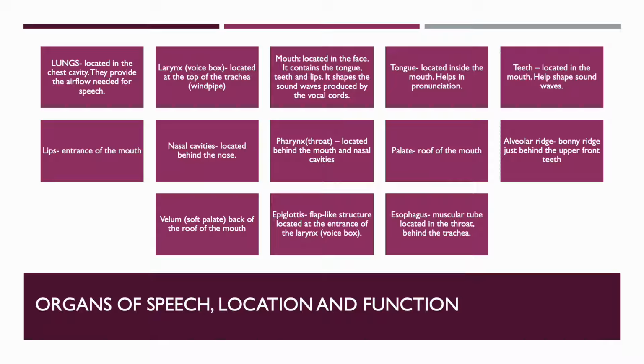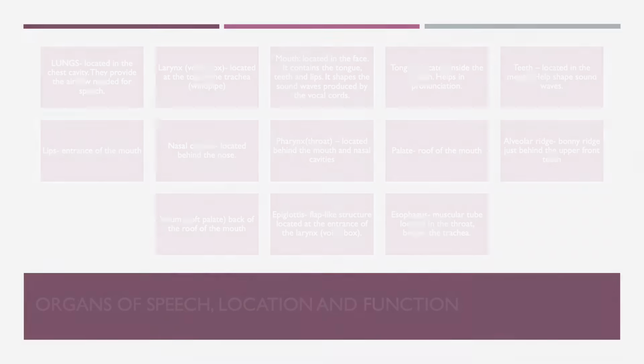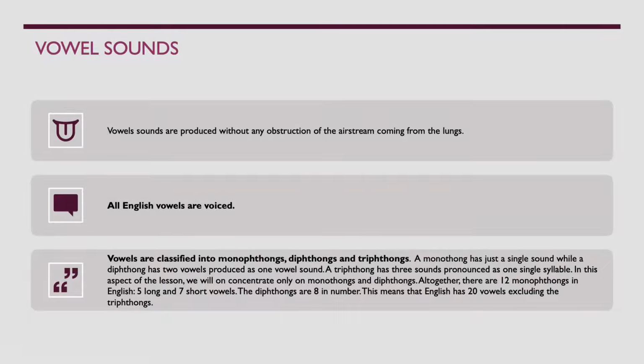What do they help us to do in speech production? They help to shape the sound waves and so forth. So you should pay particular attention to these organs of speech, know their location, and what we use them to do.